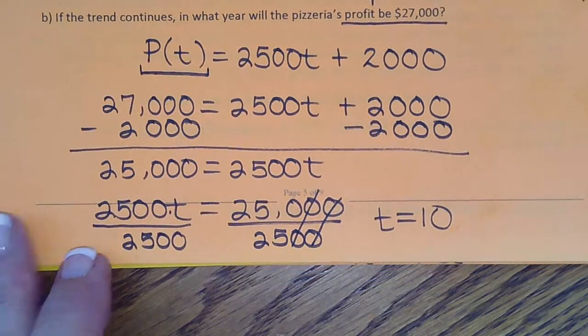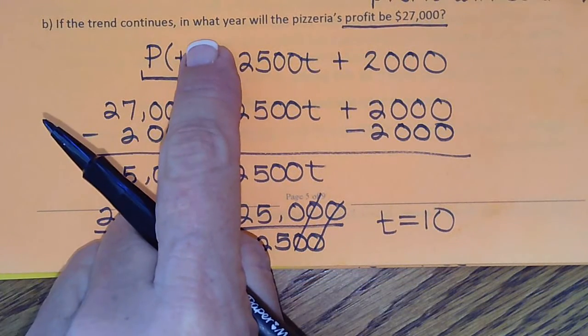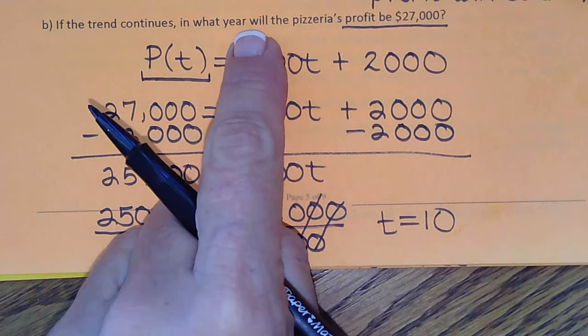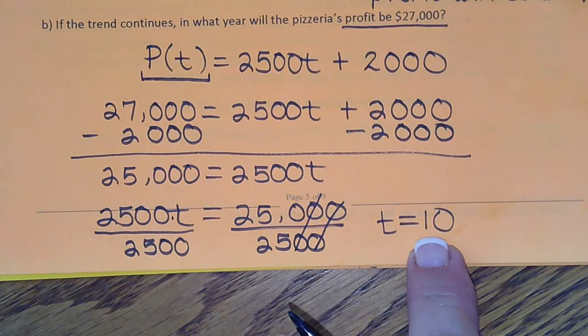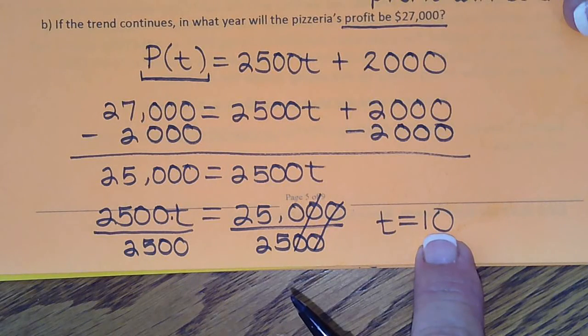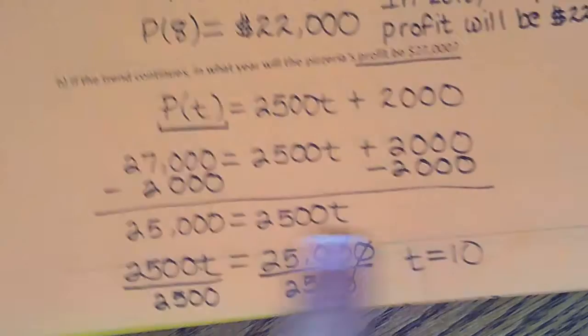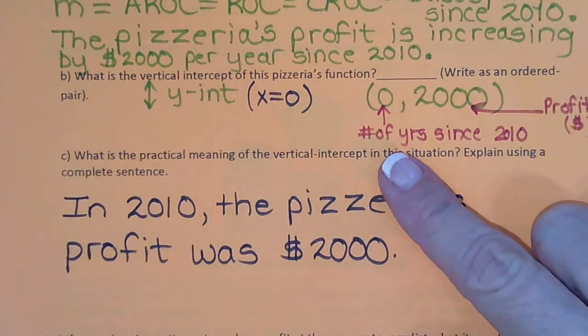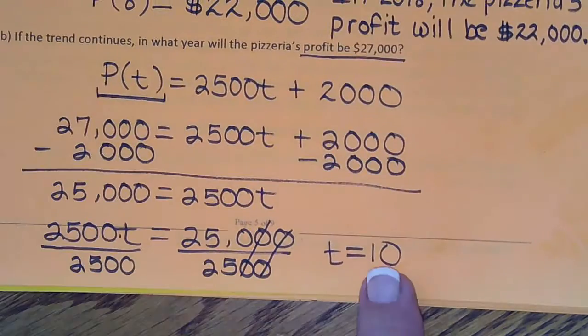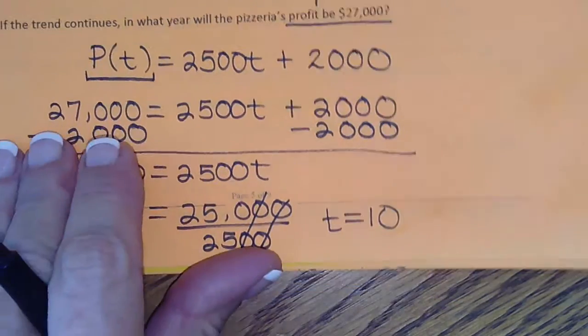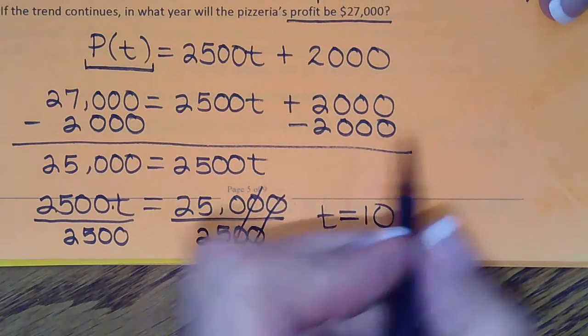But look what the question says. In what year? It doesn't say in how many years. It says in what year. So what year would that be if T is 10? Remember what this is: number of years since 2010. So 2010 plus 10 makes it the present year.